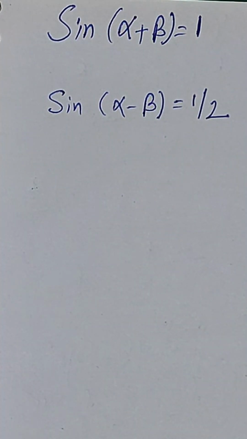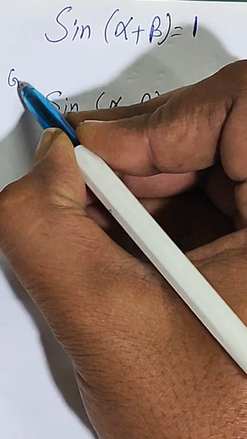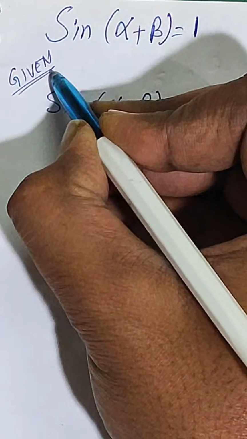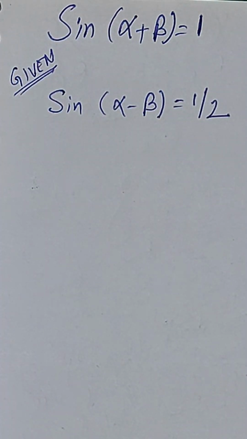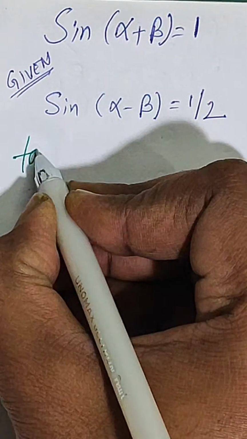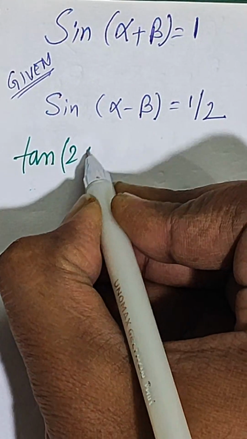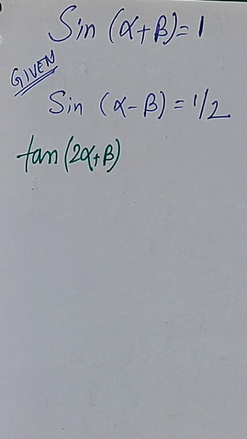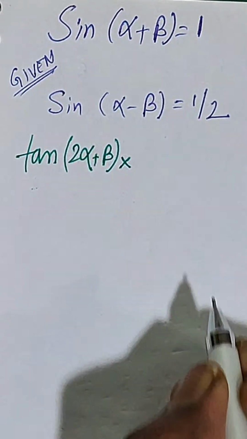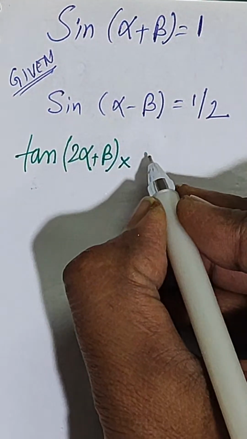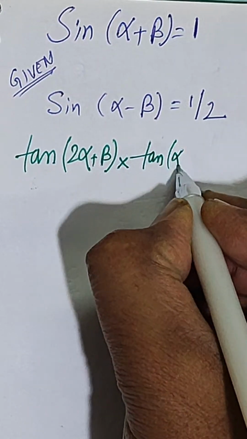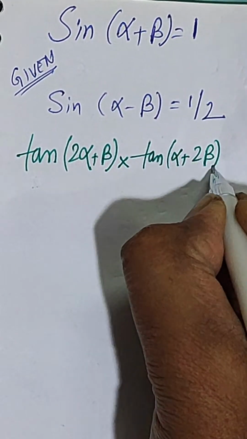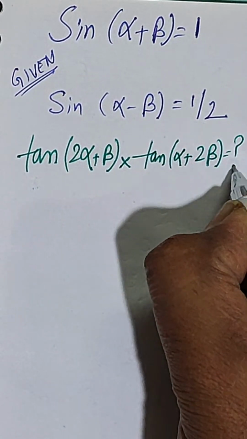This is given. In this case, we need to find tan of 2 alpha plus beta multiplied with tan of alpha plus 2 beta.